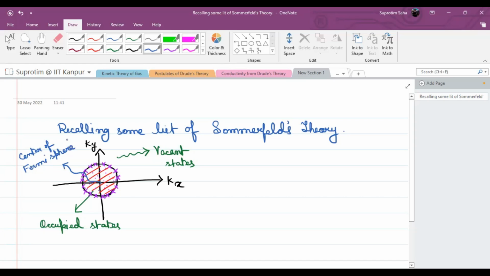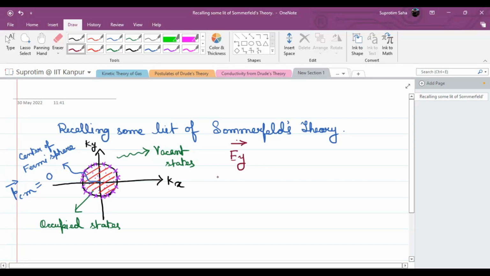As we are dealing in the momentum space, the center of the Fermi sphere will give you the zero momentum state. So the center of mass momentum, if you don't apply an electric or magnetic field or any kind of force, the center of mass of the Fermi sphere will be zero, center of mass momentum.